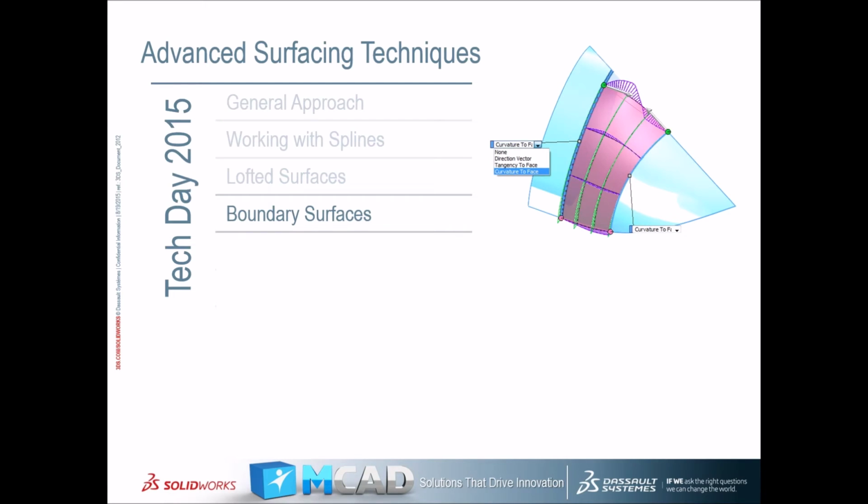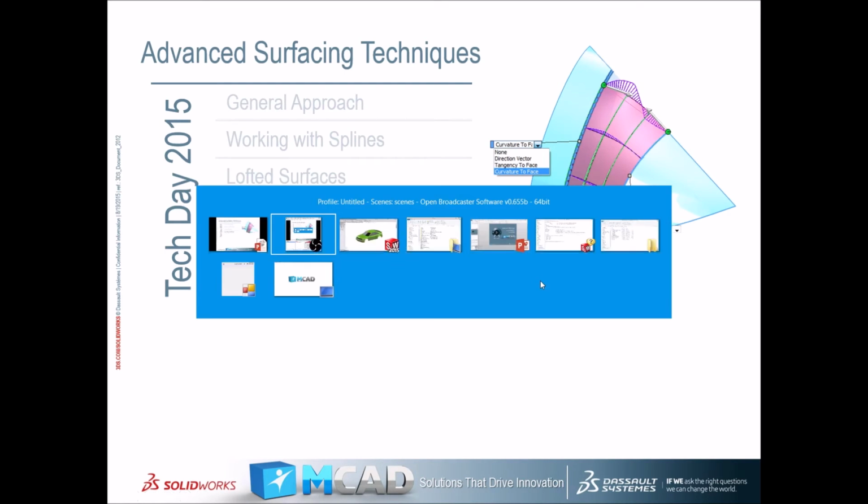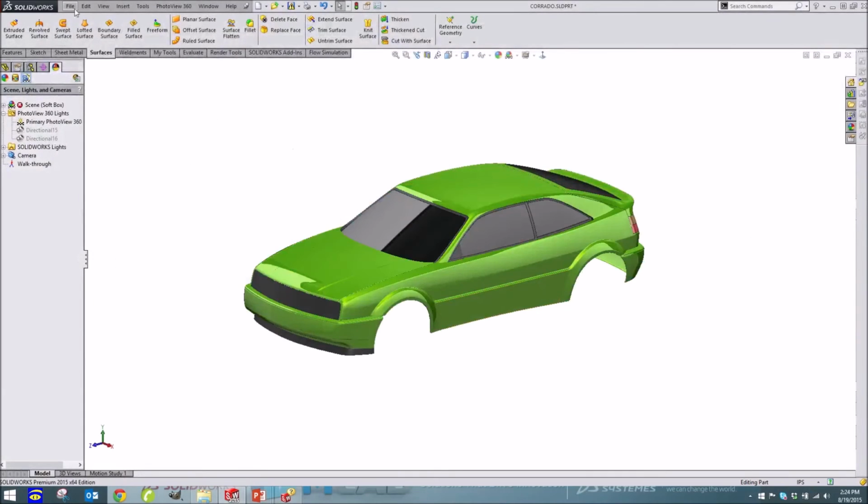So boundary surfaces, what's the difference here? Like I mentioned before, boundary surfaces have a unique ability to pull these endpoints away and adjust the shape of the surface. But there's some other tricks here that I wanted to show.